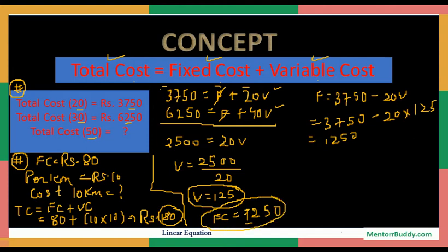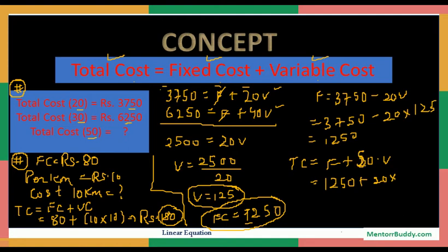So we know the expression that total cost will be equal to fixed cost plus variable cost. We have to figure out the total cost for 50 people. So that will be fixed cost plus 50V.